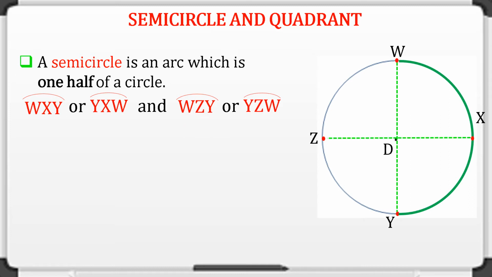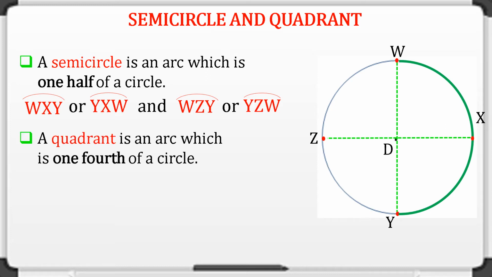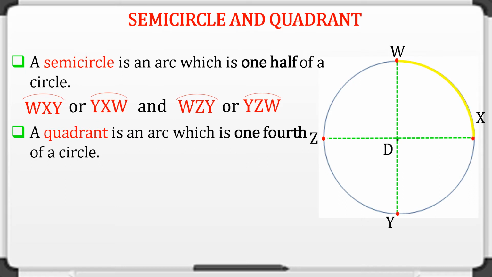Next, what about quadrant? So if we cut this into 4, we can create 4 quadrants. A quadrant is an arc which is 1/4 of a circle. So here we have arc WX or arc XW.